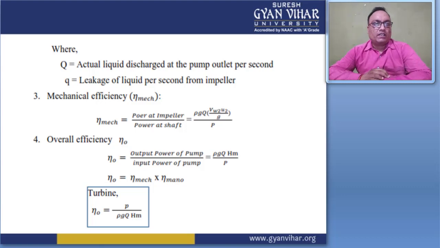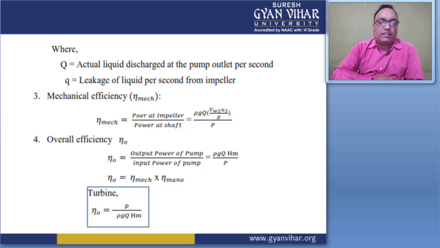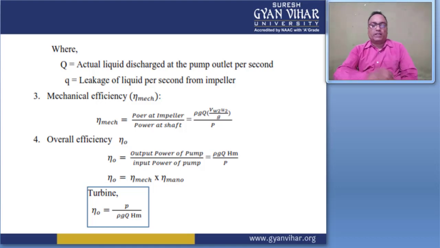And the mechanical efficiency, neta mechanical, equals power at the impeller divided by power at the shaft. So it gives the formula like this: rho GQ divided by VW2 U2 divided by G, and this is the power of the shaft, written as P. Then the overall efficiency of the pump is the ratio of output power of the pump divided by input power of the pump, and we can say neta 0 equals neta mechanical into neta manometric efficiency, right?